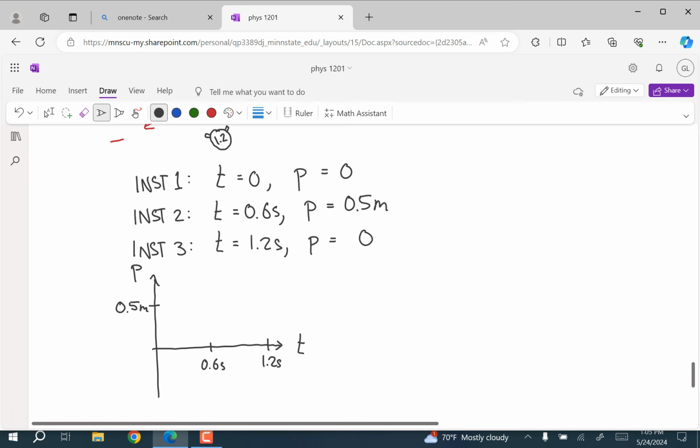And now we can plot the three points: 0, 0; 0.6, 0.5; and 1.2, 0. Like I said in the last example, we'll find out later that this would have a curve to it, but for now, we can just connect it and think of the position versus time graph as being something like this for the motion.